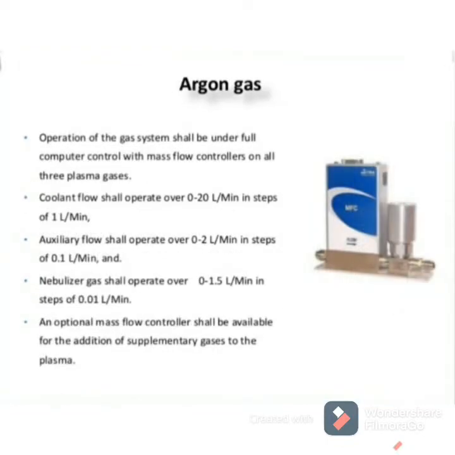Next is argon gas. Argon gas, what is the use of that gas? Operation of the gas system shall be under full computer control with mass flow controllers on all three plasma gases. Coolant flow shall operate over 0 to 20 liters per minute in steps of 1 liter per minute.